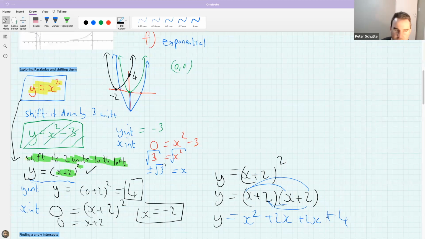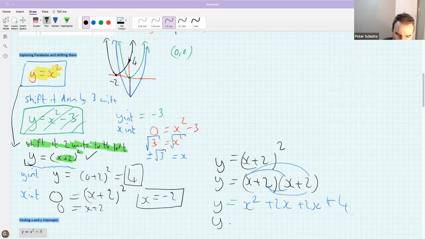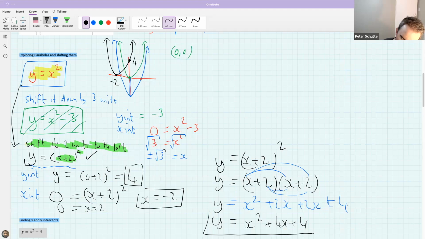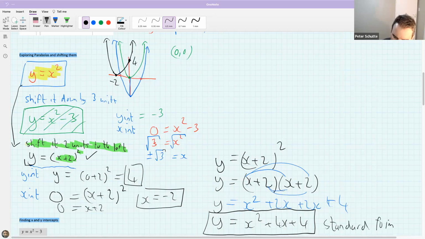And so one of the things we need to be interested in is that parabolas can be written in different forms. If I multiply it out and write it like this, it is called the standard form of a parabola.